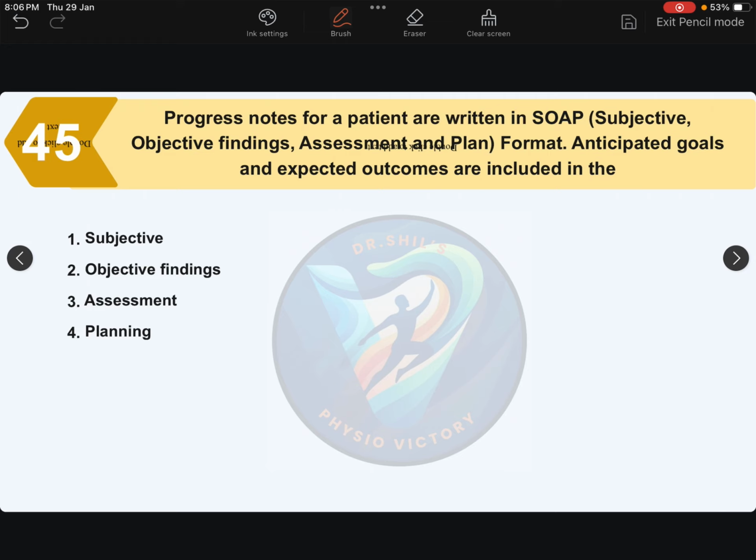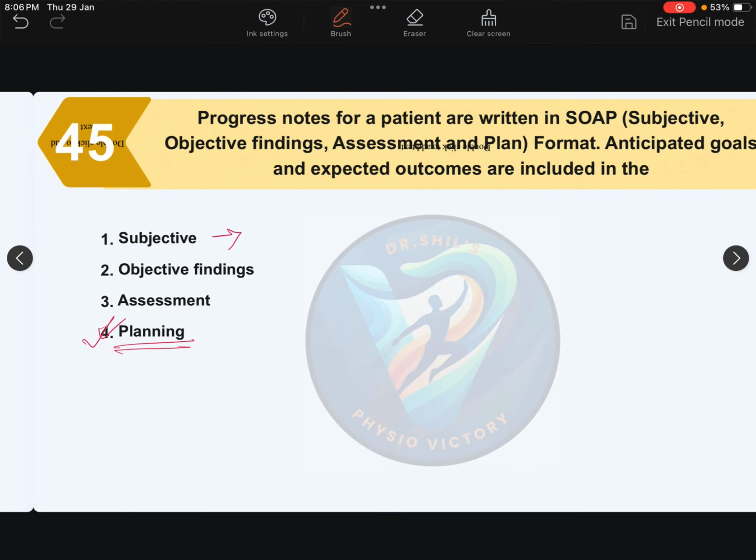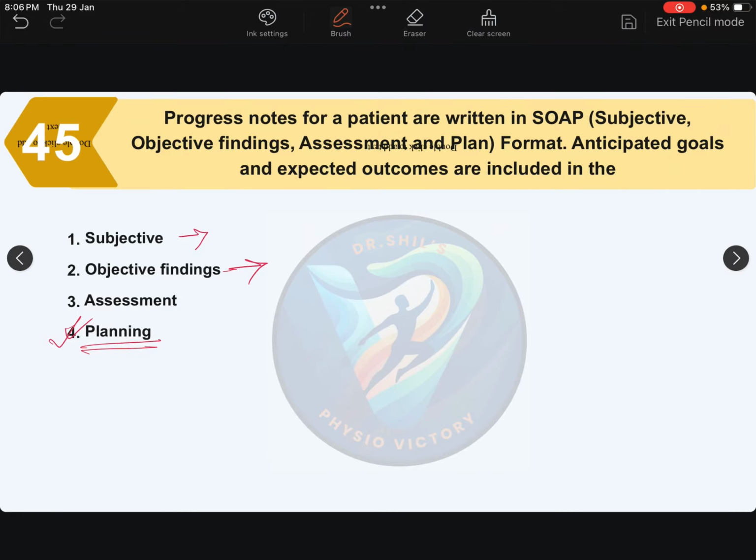Here the correct answer is very easy, that is planning. Subjective basically describes the patient's perspective and experience. Objective findings basically include measurable findings from the examination. Assessment is the healthcare provider's analysis and diagnosis.